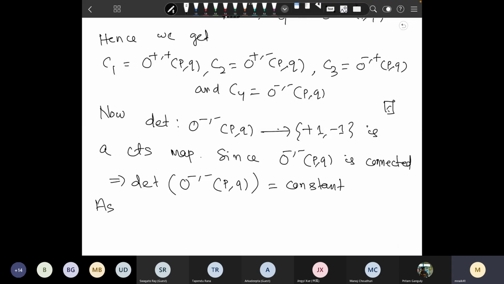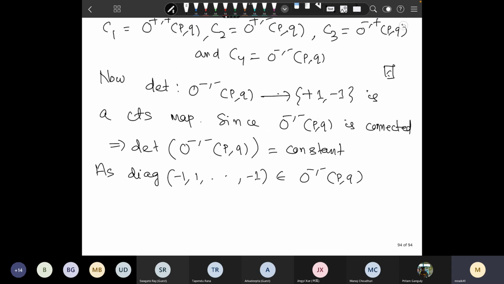Now the diagonal matrix with entries minus 1, ..., minus 1 belongs to O minus minus (P, Q), and this has determinant 1.